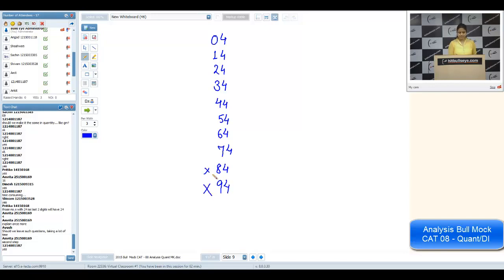It can be anything. We are not interested in counting the hundreds place for a moment. So if I count the cube of this, the very first case I am taking, x04, it will end in 64. Rejected. Why? Because we need 24 at the end.